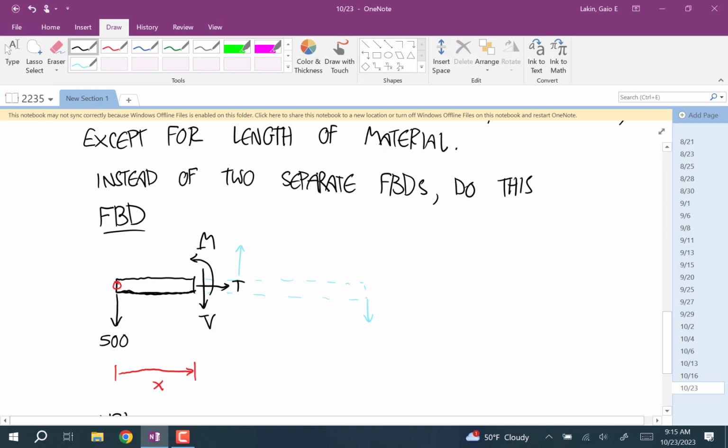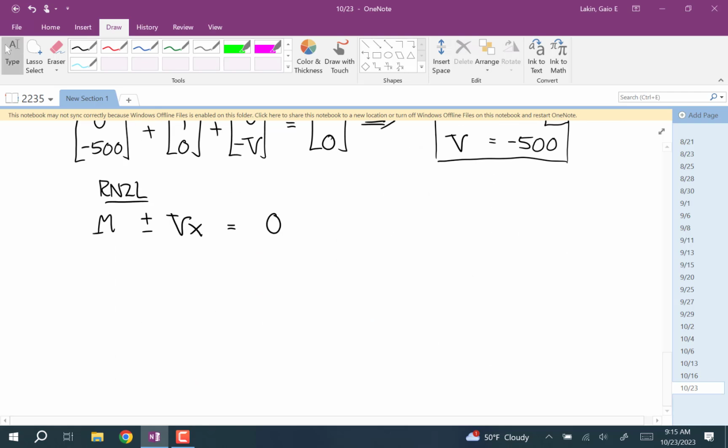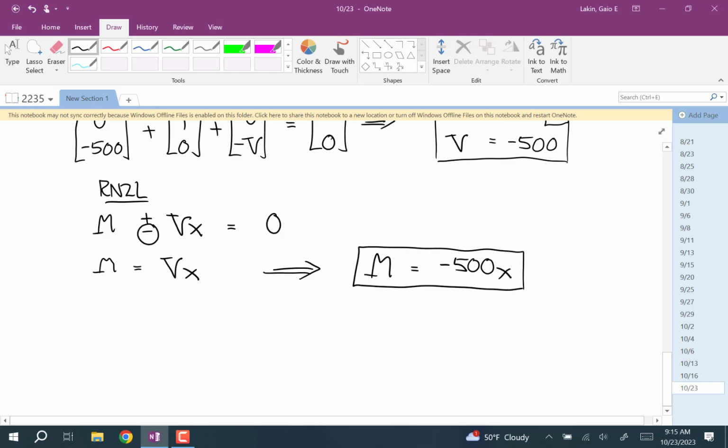That's everything that produces moments. Does that V cause a clockwise or counterclockwise rotation around that about point? Clockwise, so we want the negative. And so this equation says M is equal to Vx. We already know V is negative 500. So M is equal to negative 500x. And those are the internal loads.